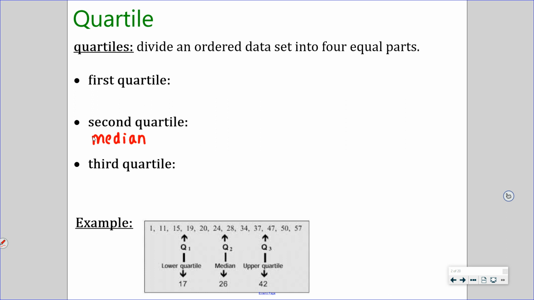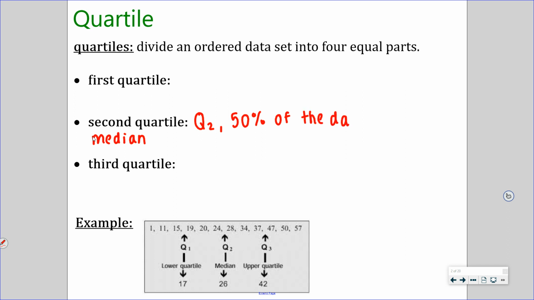So we call the second quartile that 50% of our data is going to fall below or above. It's in the exact same spot as the median. Some notation you'll often see is Q sub 2. That means second quartile. So this notates that exactly half of your data is going to lie below or above the second quartile, or the median.